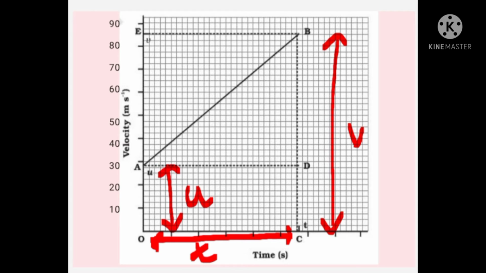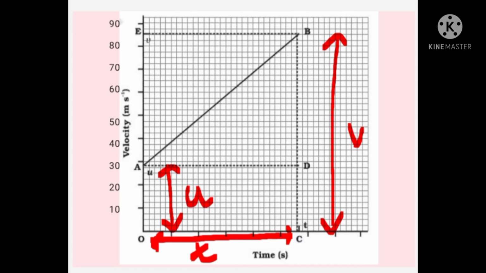From this graph, the initial velocity of this object is 30 meter per second. The length of OA represents this initial velocity, that is u, and also OA is equal to CD because they are parallel lines and same length. Then the final velocity of the object is 85 meter per second from this graph. The length of BC represents the final velocity. So we can take BC equal to v, the final velocity.